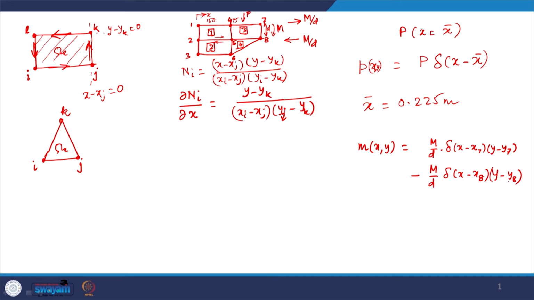So, that is the variation, and using this variation it can be evaluated.